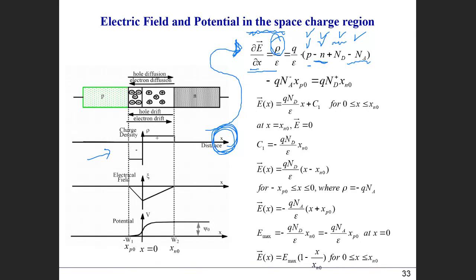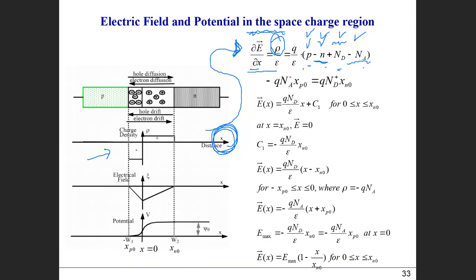And as I mentioned, hole and electron we define as the mobile charge, which means that they can move around within the crystal structure. The ND and Na represent the dopant charge, which is actually bound within the crystal structure, so we call that the immobile charge.